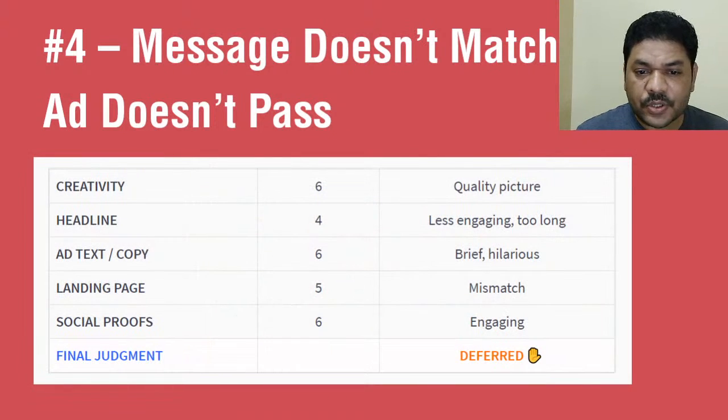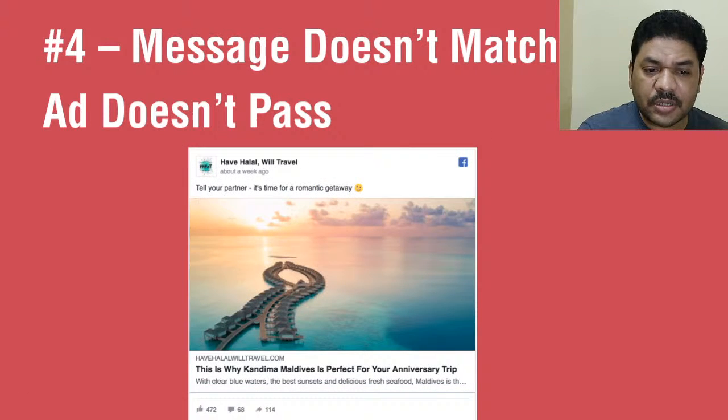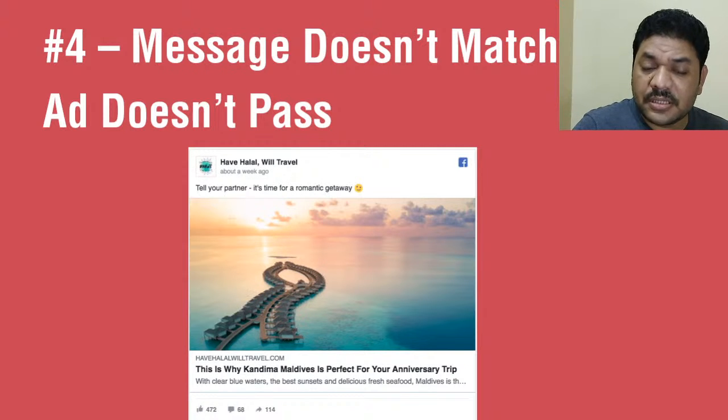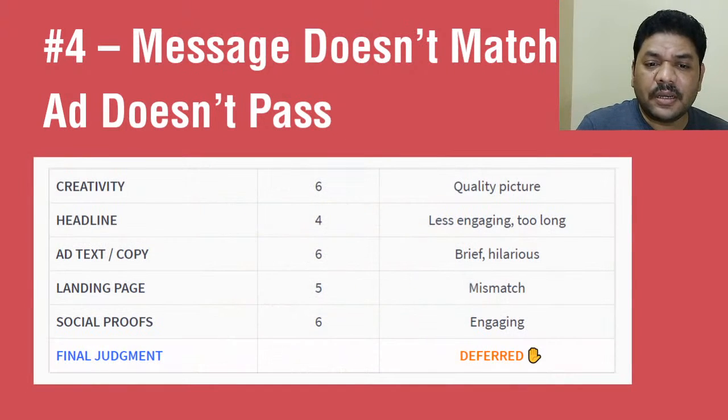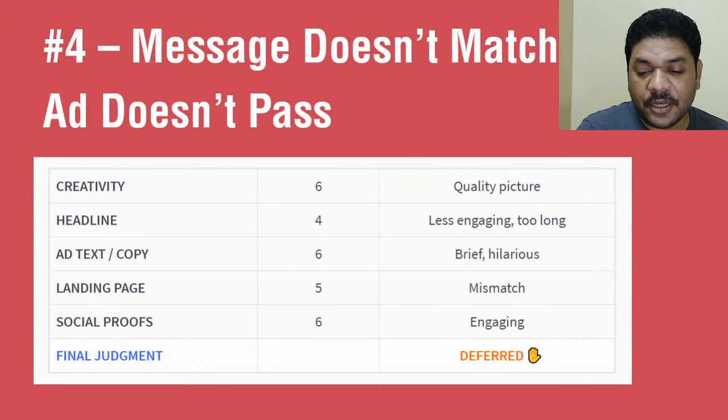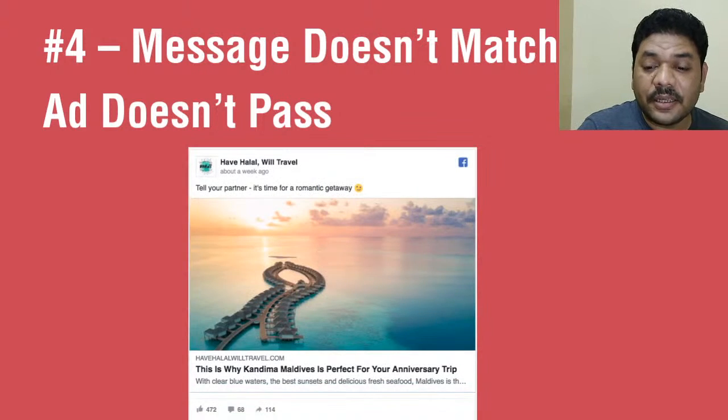The picture quality and creativity are somewhat okay, but when I saw this image, I thought it was about a holiday trip, a beach trip. What they are focusing on is entirely different. They are talking about romantic getaways.